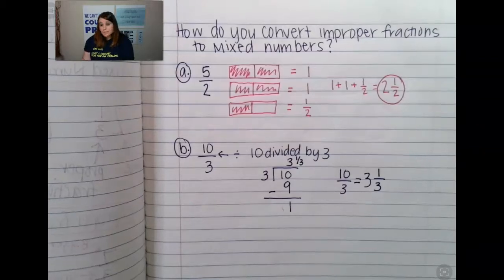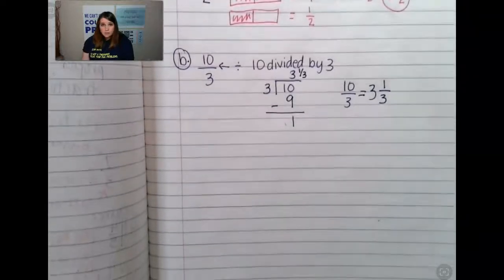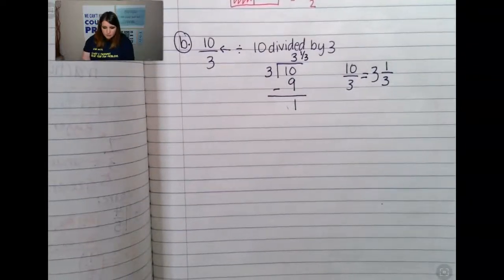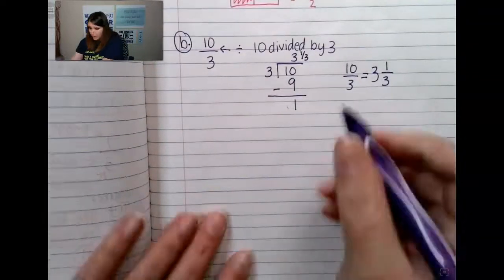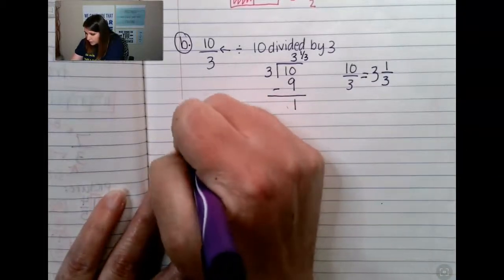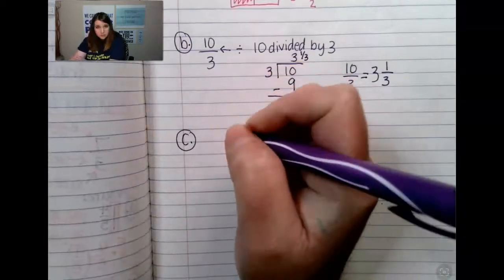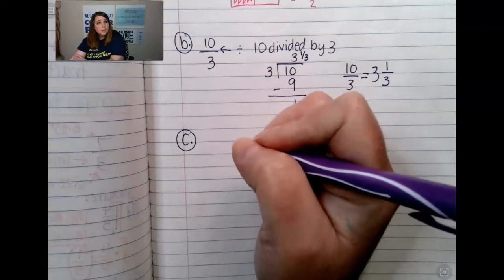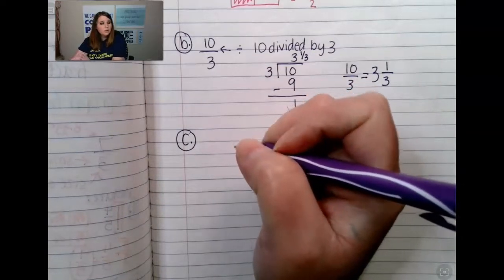Okay, let's do another one and see how that works. Let's do one that's a little bit more challenging here. Okay, so let's do example C. And then I'm going to give you a try it.